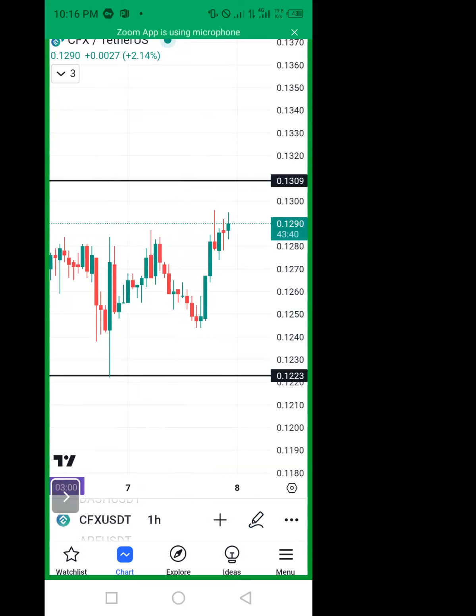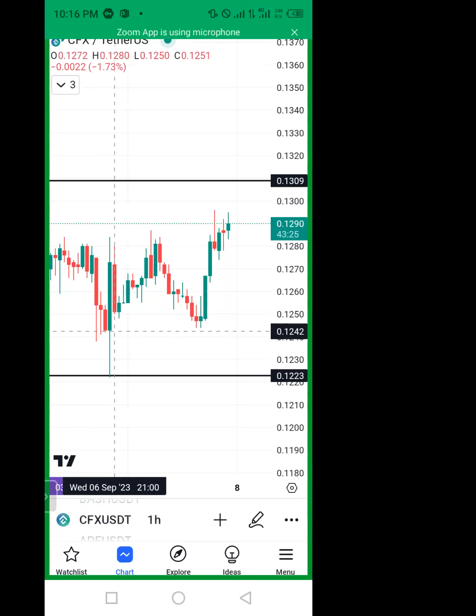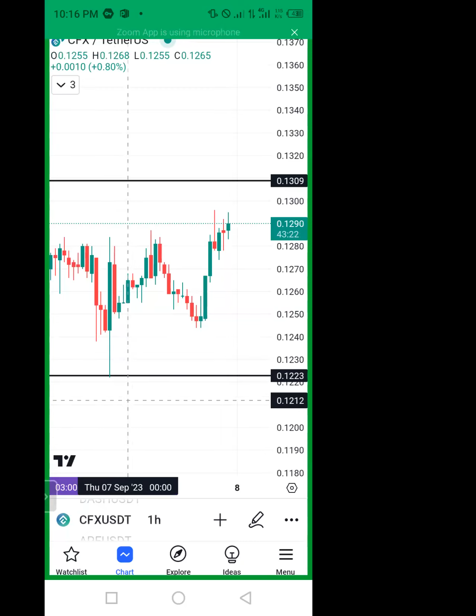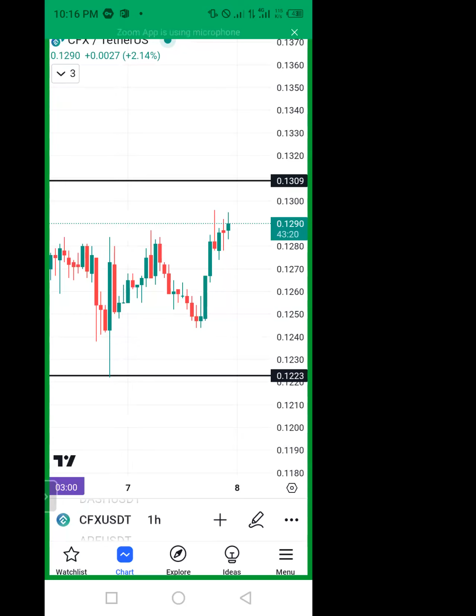You have seen this one, it has hit there, and then it has been pushed. It was maybe red, and then it has been pushed by the buyers, and then you see it has gone up here. This gap, it is very difficult for it to be retraced, and then it comes and it closes below. So it means you are sure it is going to close above the support line.